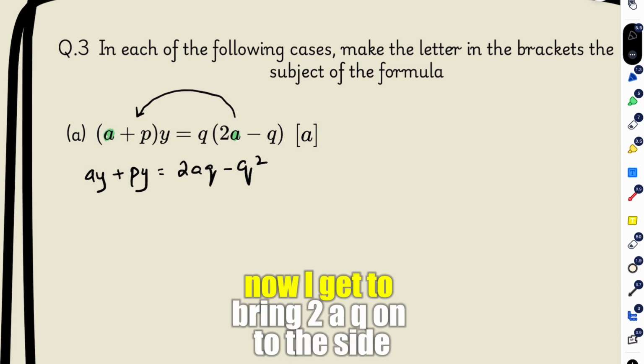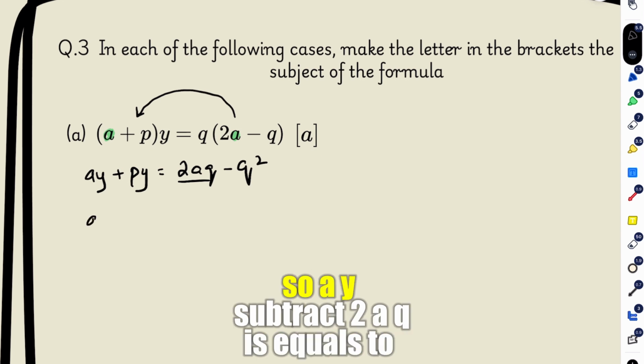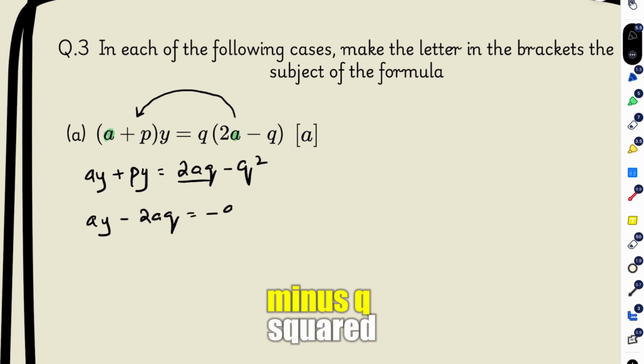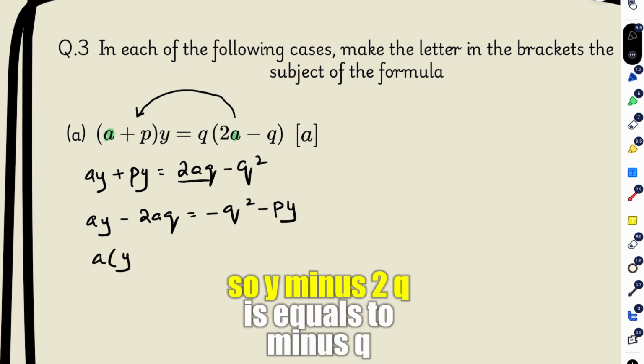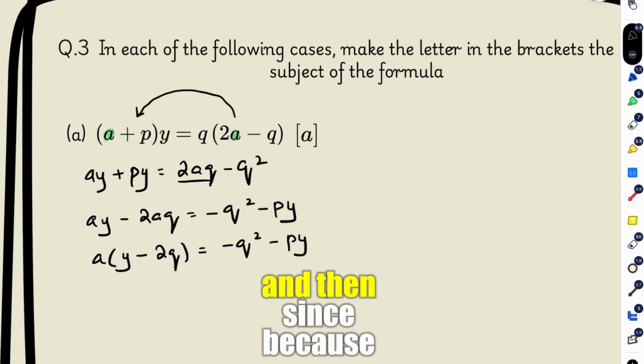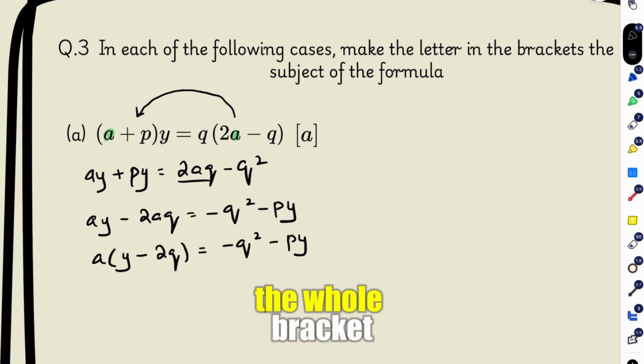All right. Now I get to bring 2aq onto this side and take the py over to the other side. So ay subtract 2aq is equals to minus q squared, and then minus py. I take a as common, so a times y minus 2q is equals to minus q squared minus py, and then because everything is multiplying on the left hand side, I could take the whole bracket.